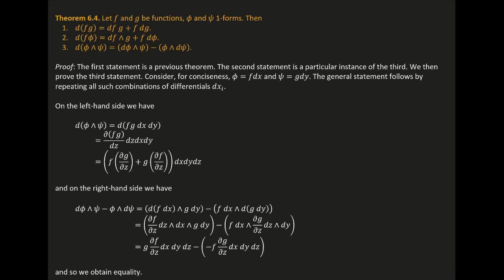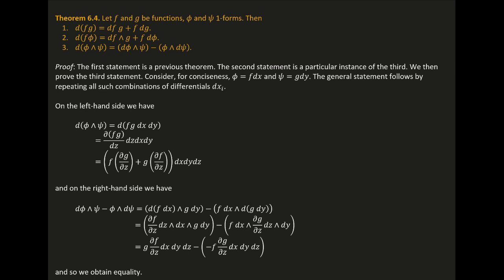Next, we have a theorem. The theorem gives us linearity statements about exterior derivatives. Specifically, the theorem states, given functions f and g and one forms phi and psi, then the exterior derivative of the zero form fg obeys the product rule that we proved in a previous section.